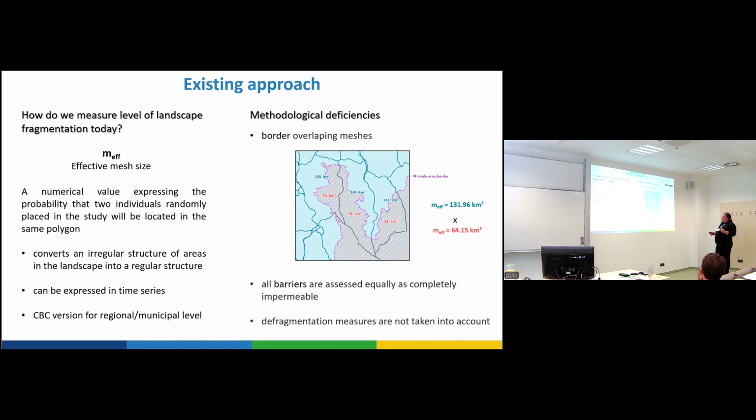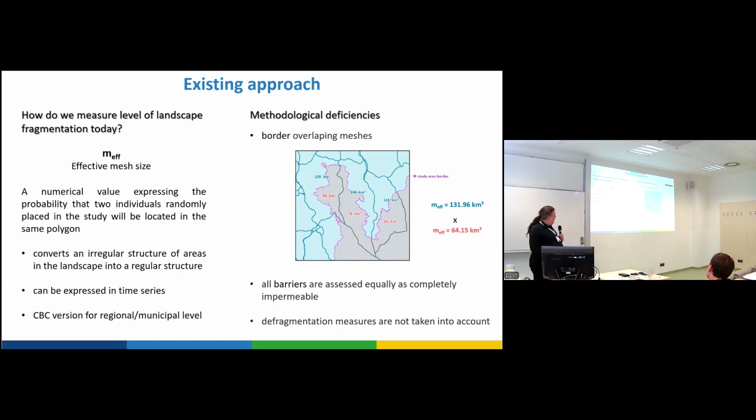This mesh is smaller, this one is smaller, but nature does not know borders. So here the mesh continues to the other country, and now you have an almost 3 times larger mesh. This one is the same, twice, this one also, and that was the first methodological thing we needed.